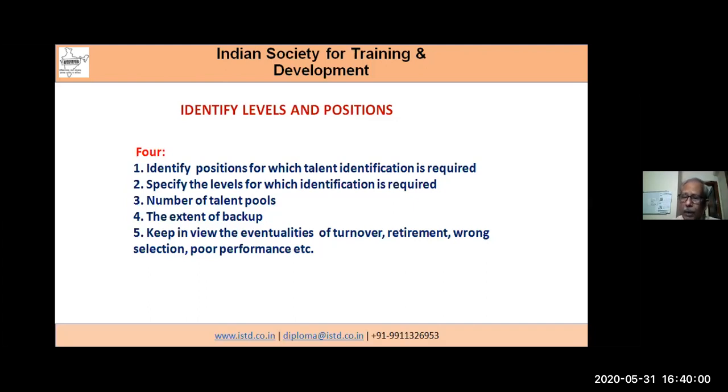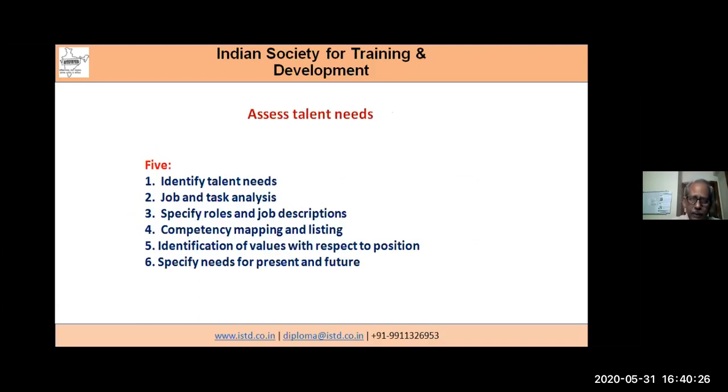If the people are not performing properly, there is poor performance in the organization, that is also to be kept in mind. So keeping all these factors, there should be enough margin for creating that pool of the backup, so that as and when there is a requirement of people, they should be available immediately, with speed. Right. So identifying the level and position is a very important issue while deciding about the identification and development.